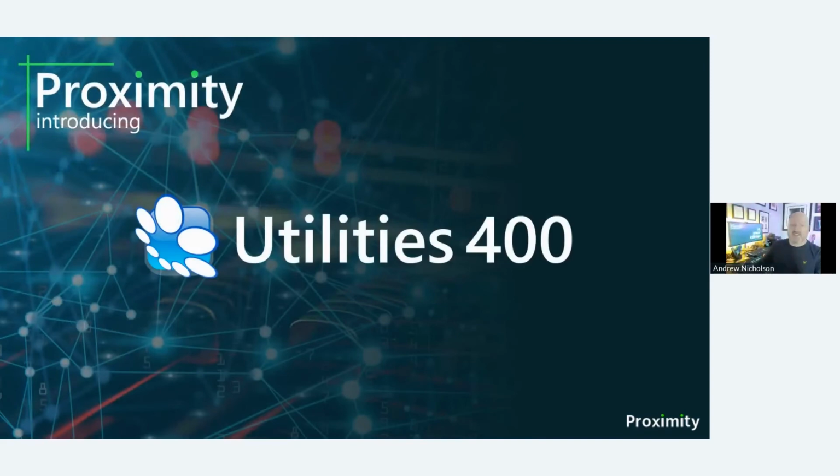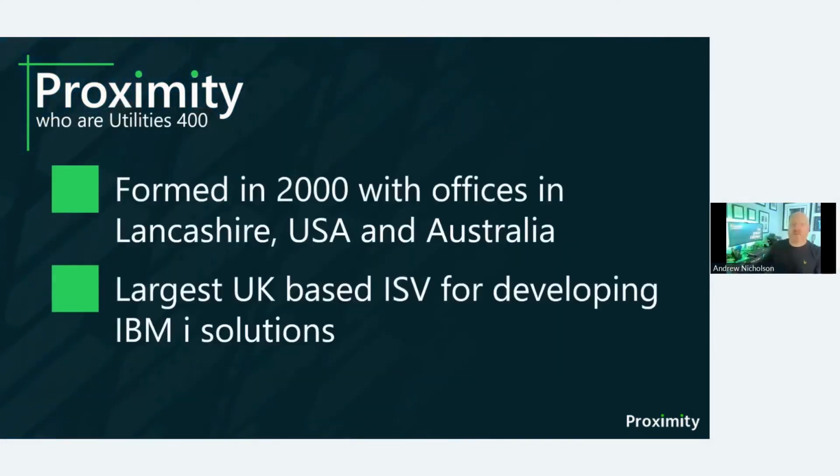And we are delighted to have had the opportunity to introduce you to these solutions from Utilities 400 today. I'll conclude by providing a quick introduction to our business partners. Utilities 400 have been servicing the IBM i market for over 20 years, and in that time they've grown from their HQ in Bolton, Lancashire, to offices in the USA and Australia too, and are the largest independent software vendor dedicated to developing robust solutions for the IBM i based in the UK.